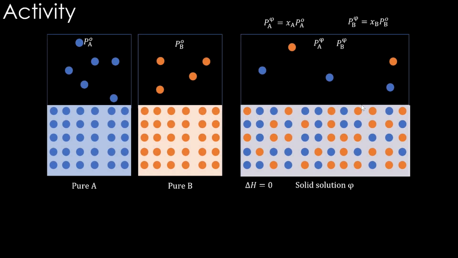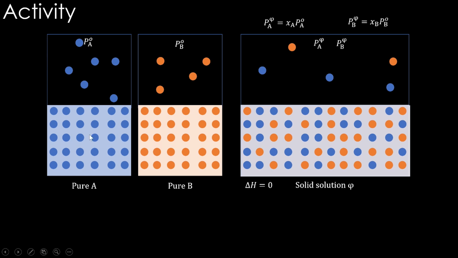Now, through this lens, we will understand this idea called thermodynamic activity. It's a very beautiful idea. Let's think about the ideal case once again. Here we have this pressure of A over the solid solution phi, which is lesser than pressure of A over the standard state.